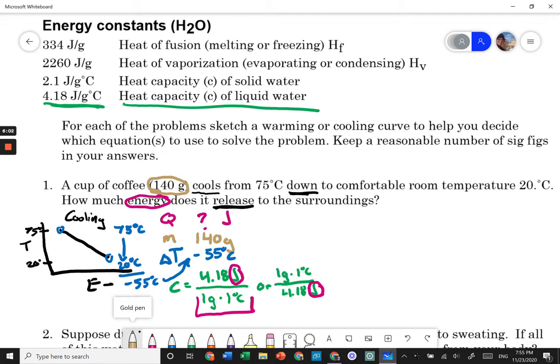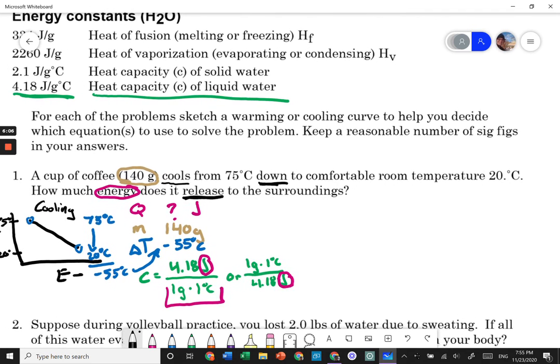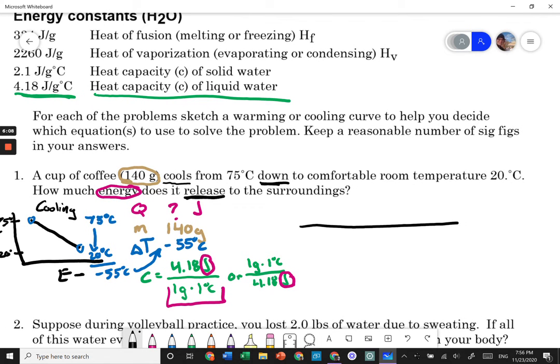So I'm going to be setting up my ladder over here on the right, and I'm going to fill it in with the information I know. I'm going to start off with that heat capacity, the bottom of the ladder, with the orientation I've identified. So 4.18 joules of energy are required to change 1 gram by 1 degree Celsius.